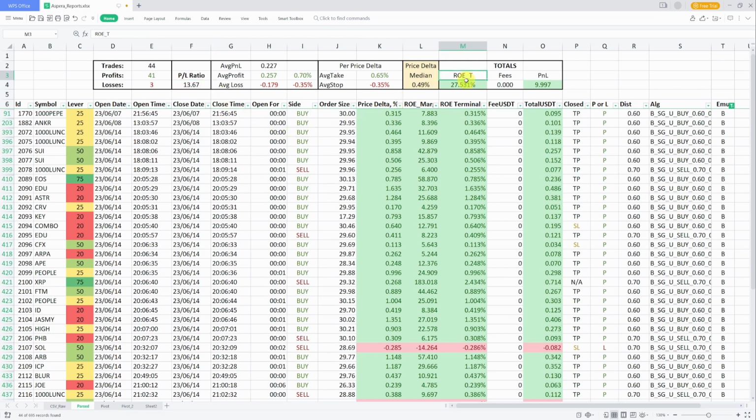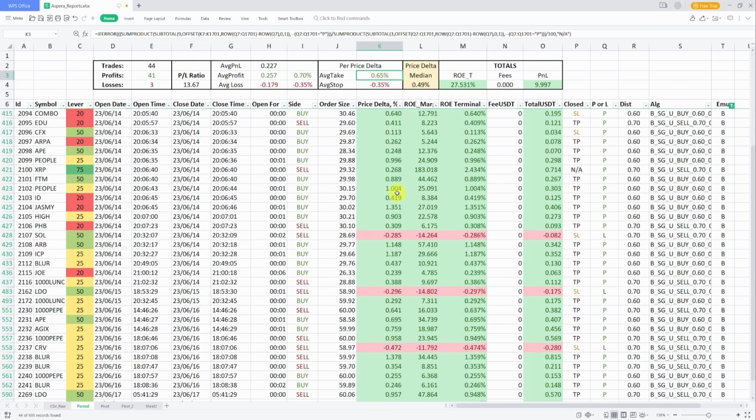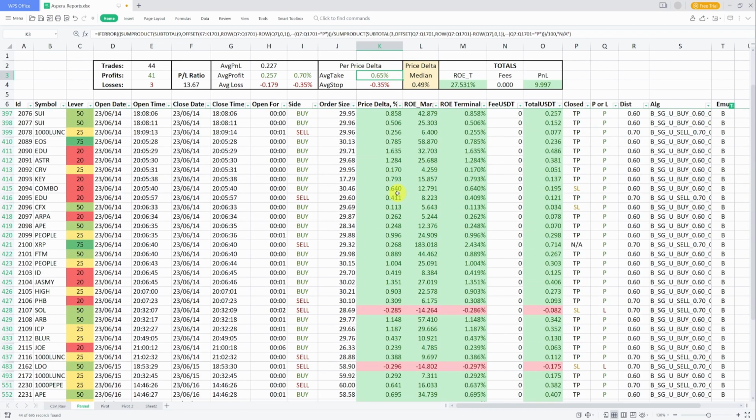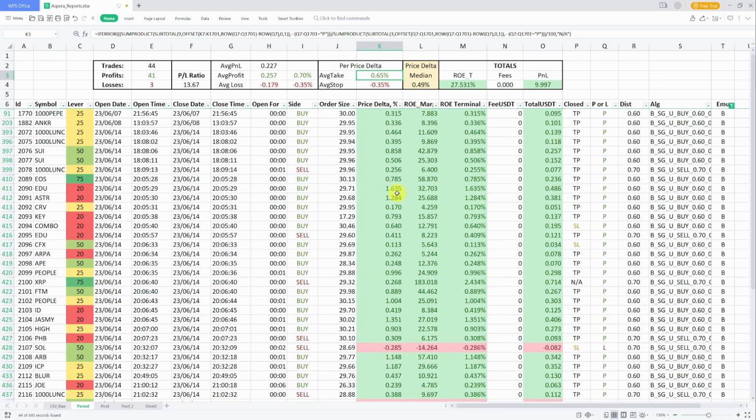ROE is pretty cool. The average stop is very surprising. I don't know how that happened. And the average take is huge. That I cannot explain. It looks like a gold mine, but actually we have discovered that the emulation is working significantly better than regular algorithms.